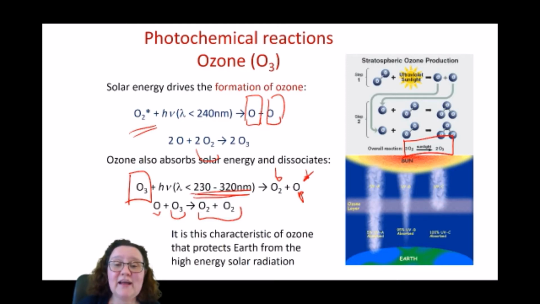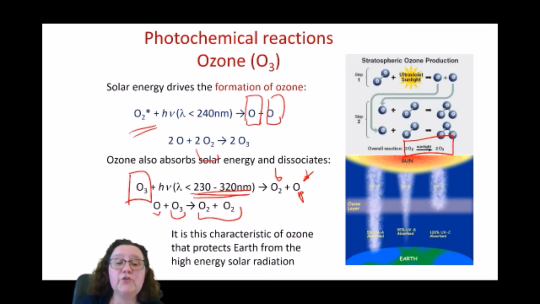So it's these characteristics, the fact that it absorbs solar energy when it dissociates, that is what protects the surface of the Earth from high energy solar radiation, from the UV, ultraviolet part of the spectrum of the solar radiation.